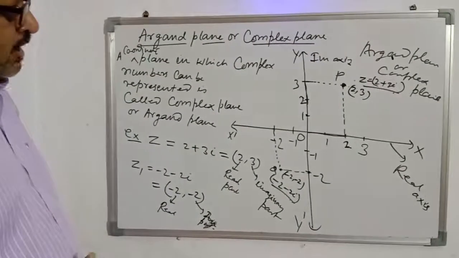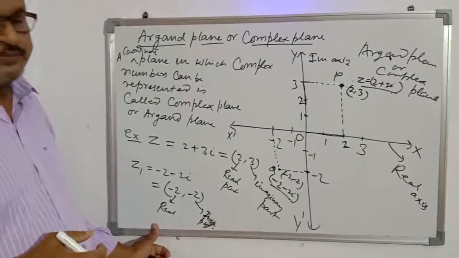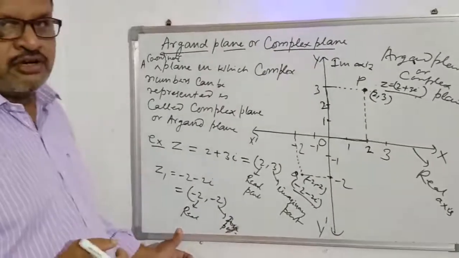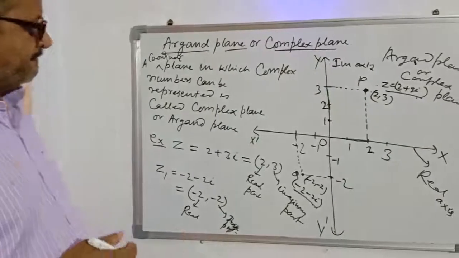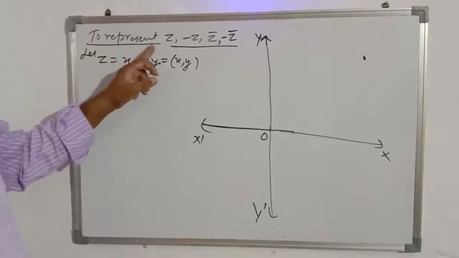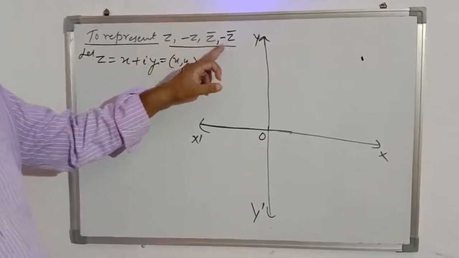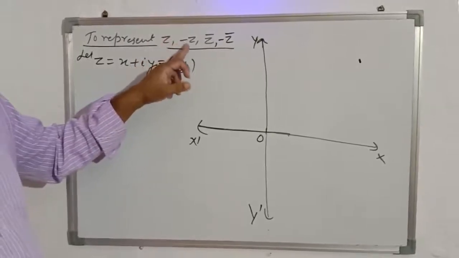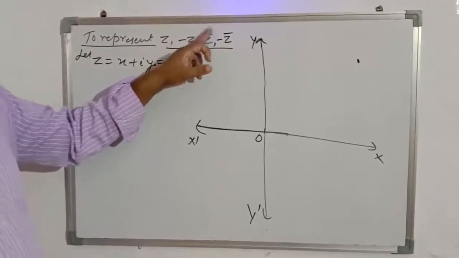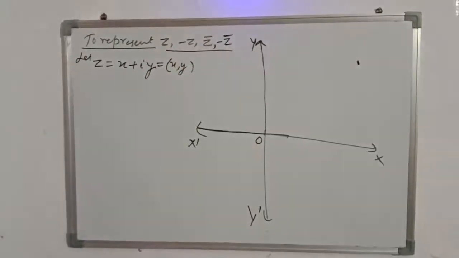Now we will discuss how we can plot the conjugate of a complex number and the negative of a complex number. To represent z, minus z, z bar, minus z bar: complex number, negative of complex number, conjugate of complex number, negative of complex conjugate.